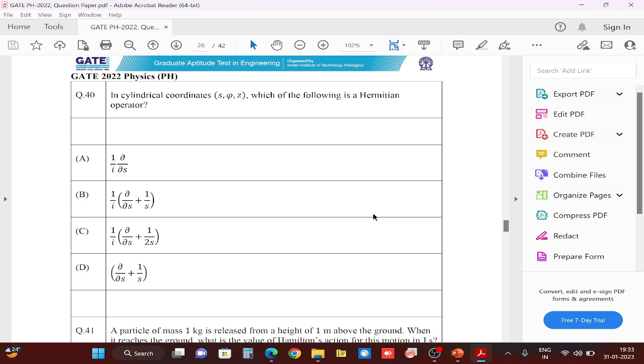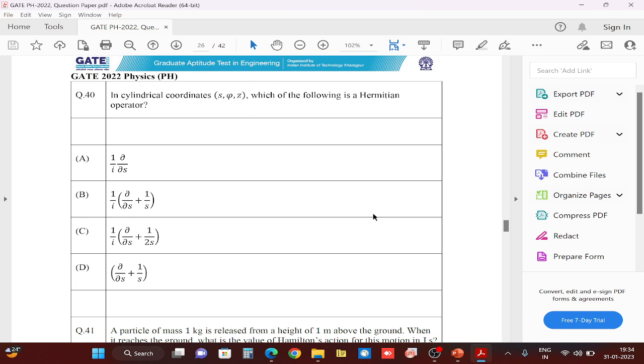So basically, what I was checking: if some operator is Hermitian, then we can take two states, phi 1 and phi 2, for this system.